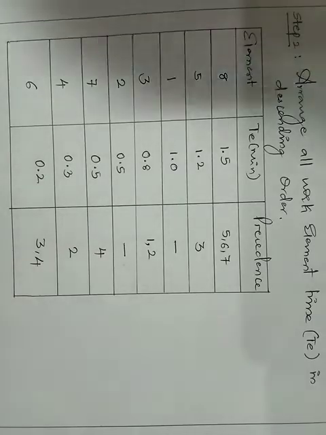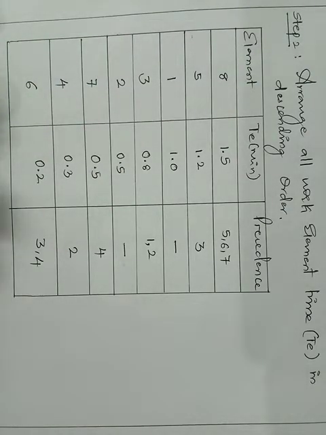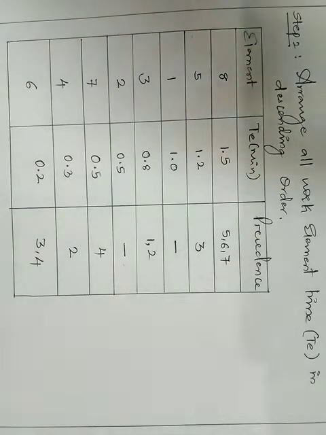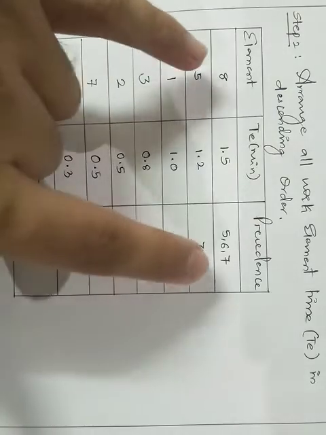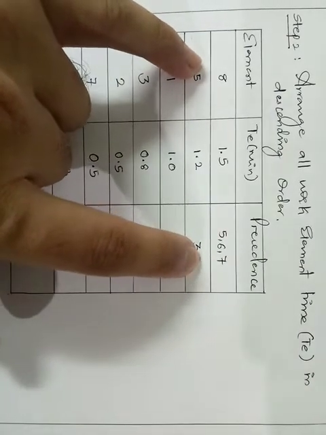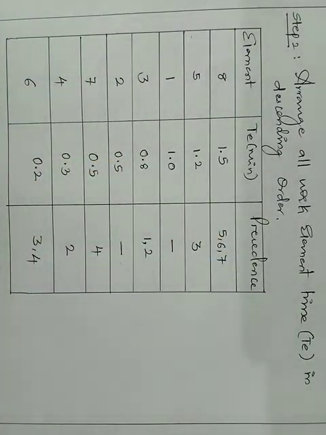Things are simple. I have not changed anything. I have just arranged the column 2 elements in descending order, and copied the respective elements and precedences from the box given in the problem. That would be your second step.